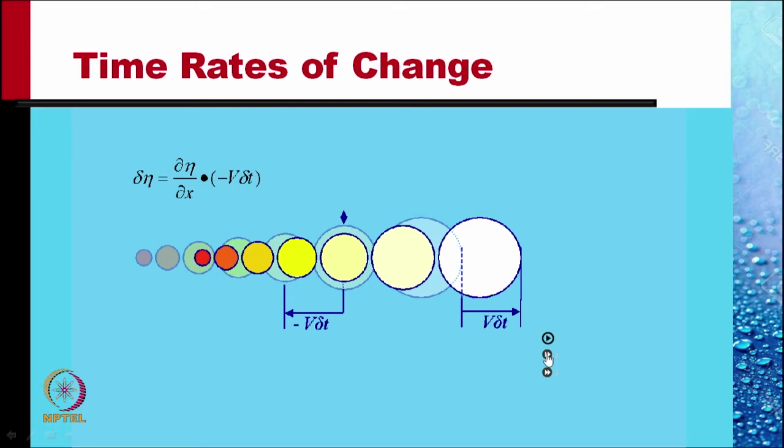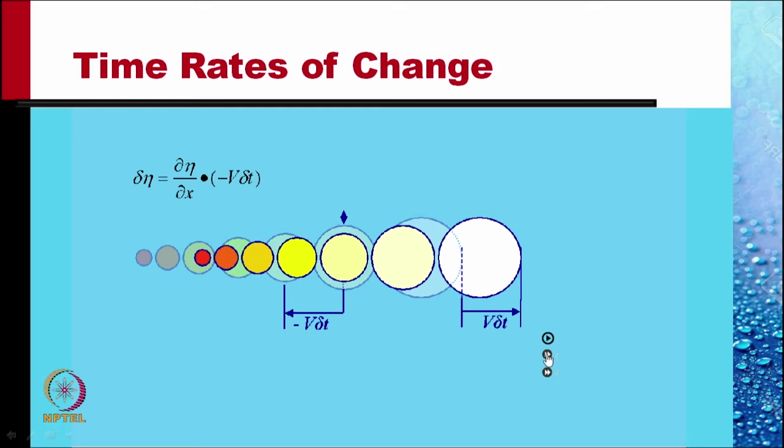So, if the size of the particle was not changing, then originally it recorded the particle which was at this location x, but delta t later it was recording the size of the particle which originally was at minus v delta t behind the current location. So, change in property observed is delta eta equal to del eta by del x into minus v delta t.